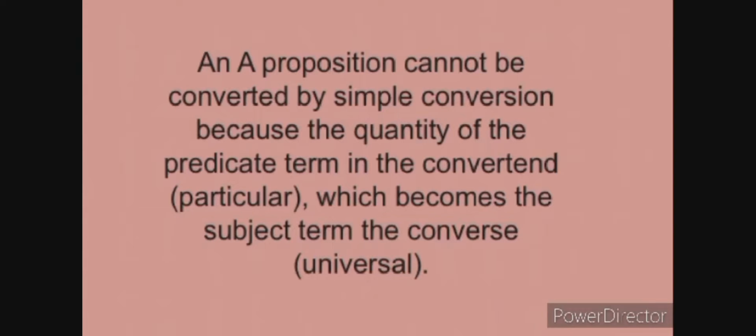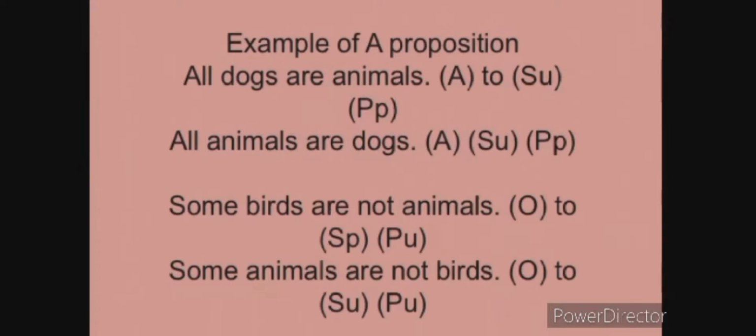So, parang hindi na-retain yung meaning of the sentence or the converted. Kasi, pansin naman natin in the first sentence, all dogs are animals, which means lahat ng aso ay hayop. On the other hand, all animals are dogs means hindi naman lahat ng hayop ay aso.